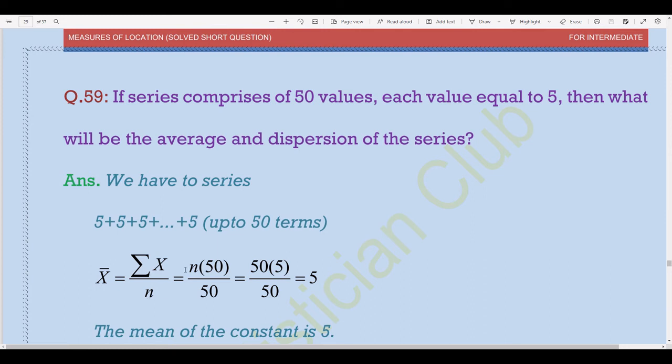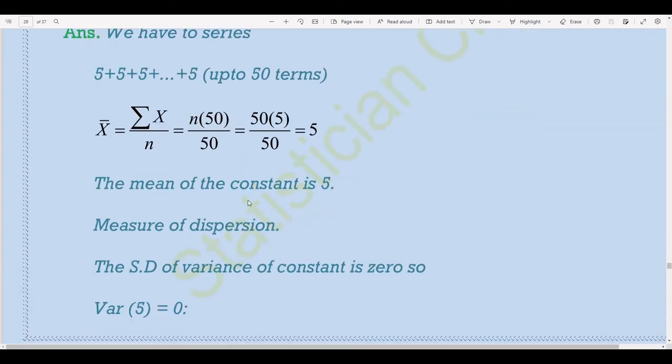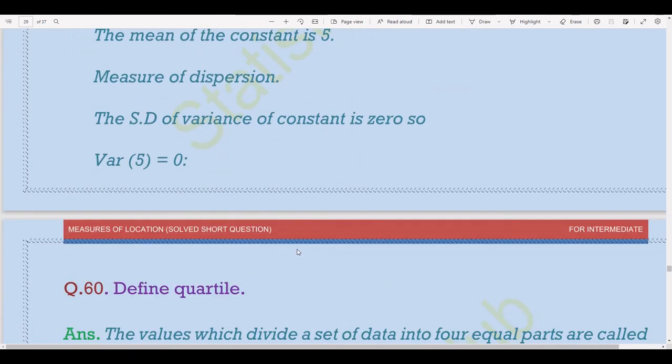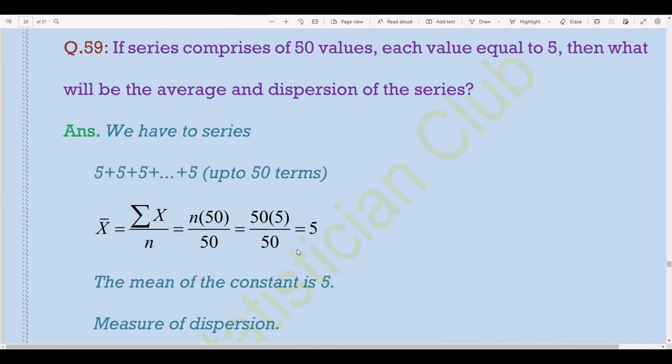The series has 50 values and each observation is 5, so we write 50 times 5 divided by 50. The answer is 5, so the mean is constant 5. For the measure of dispersion, the standard deviation is 0, because there is no variation in the data set.